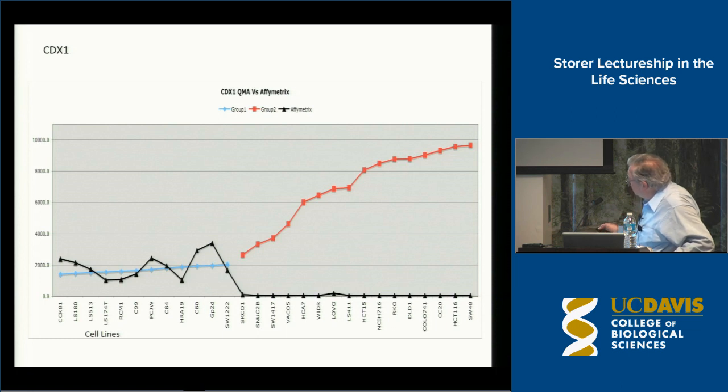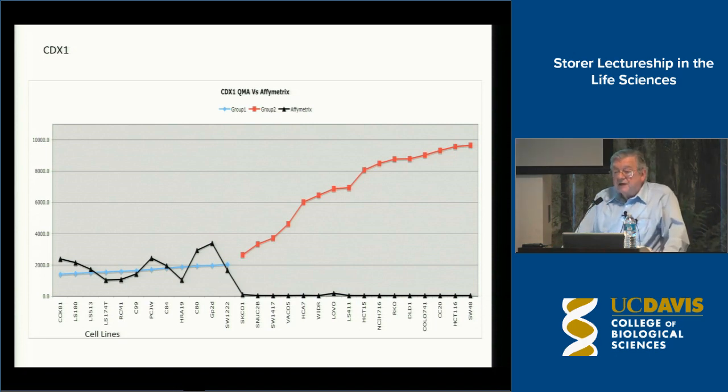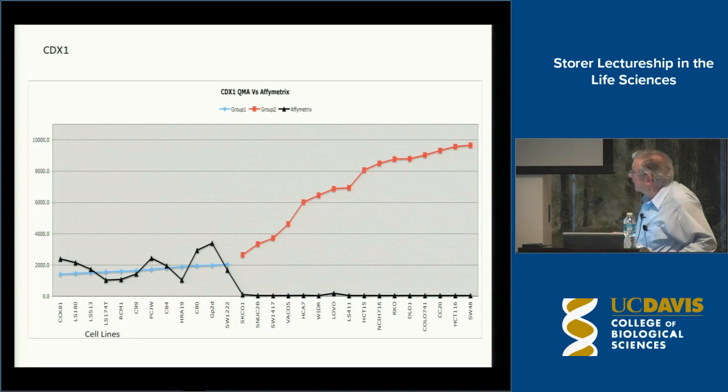So these are low levels, those are higher levels, and you can correlate that with the message level of expression, and here you can see that the ones that are not methylated are the ones that express, and the ones that are methylated are the ones that don't express the message, and you can show that that expression correlates absolutely with protein expression by using appropriate monoclonal antibodies.